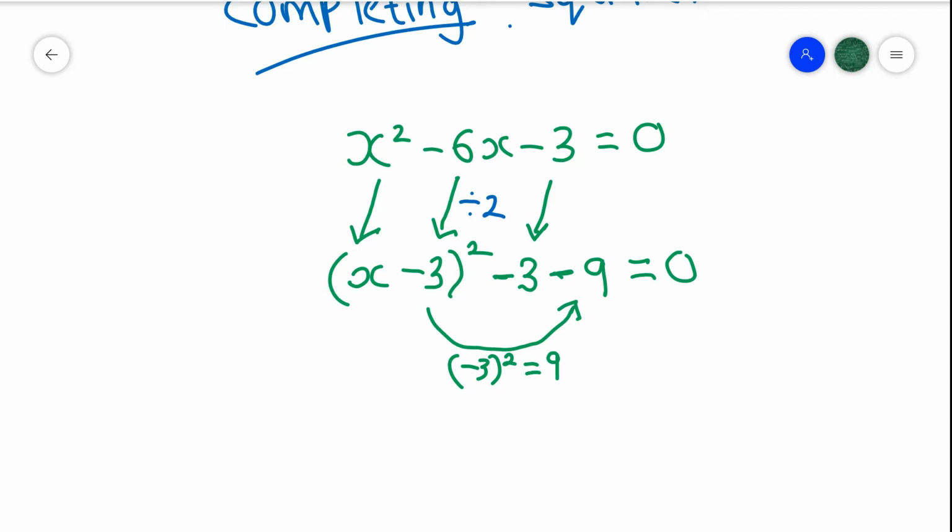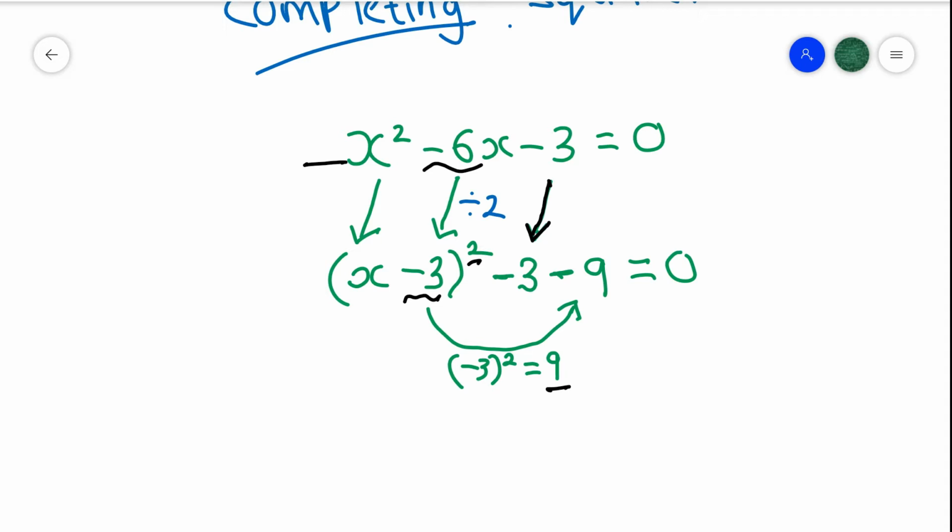First, make sure that the coefficient is 1, then take half of the second term, and square that term. Then we include the already existing term, and then we square the minus 3, which is half of the second term, and subtract that.